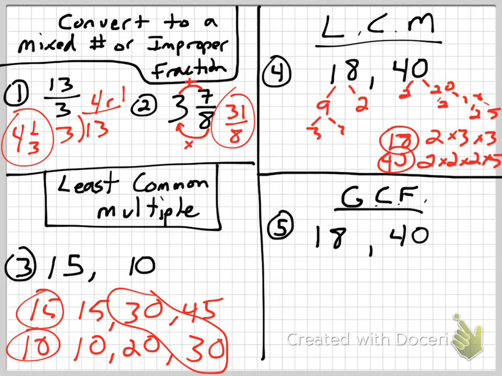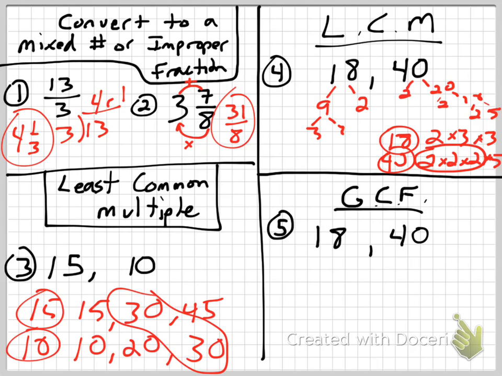Agreed? What do I do now at this point, Dylan? You see what the factors are, right? That's what we do. We see, well, what are the factors? 2s, 3s, 5s. Okay. Which one has the most 2s? 40.